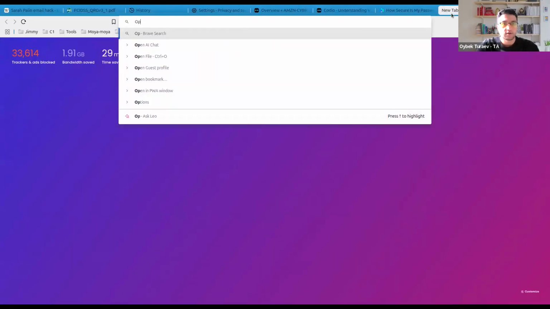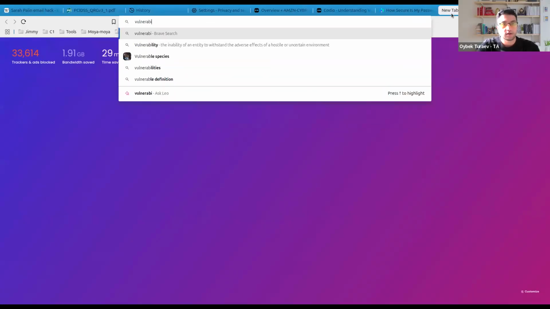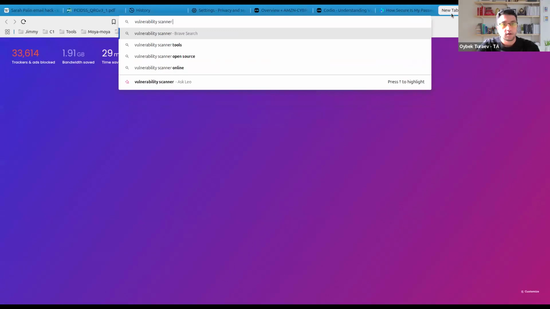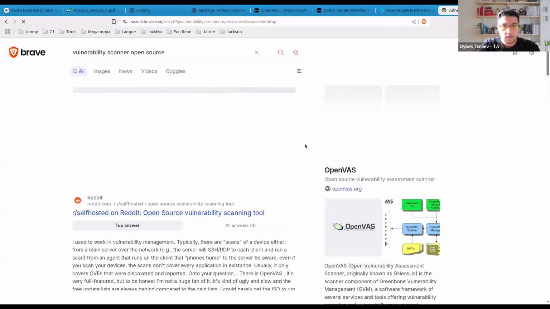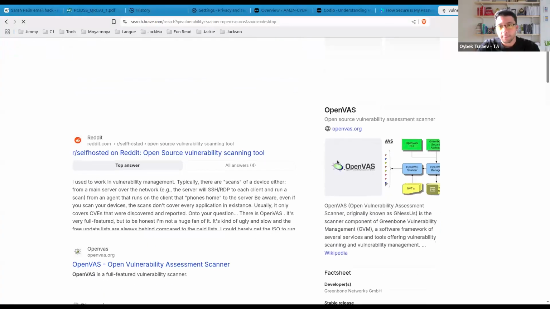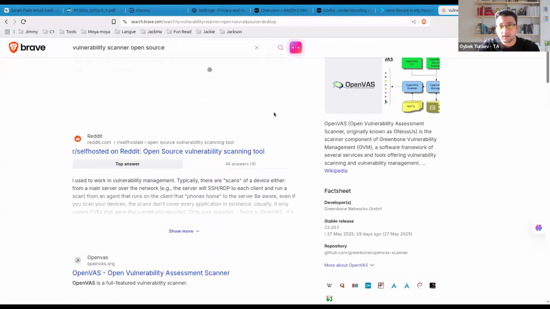It's another vulnerability scanner, open source. I think OpenVAS it was. Let me check its name here. Yes, OpenVAS. As you see, it's another vulnerability assessment tool.